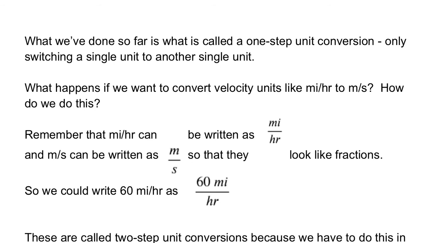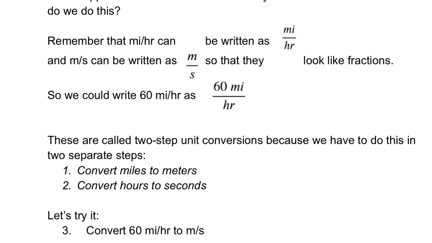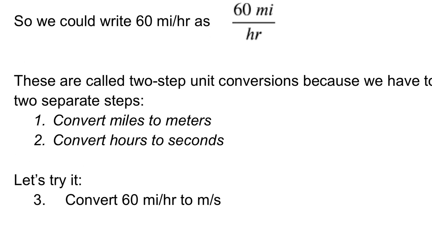And then hours into seconds. Yeah. So we're going to just have more fractions, but you do it separately still. You go miles to meters and hours to seconds. And when you're keeping track of what's canceling, it shouldn't be so bad.